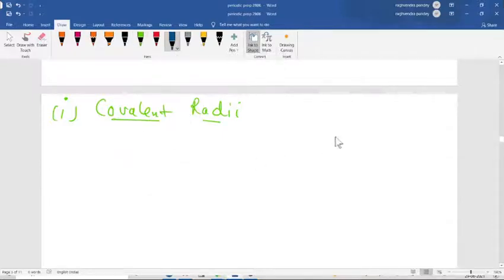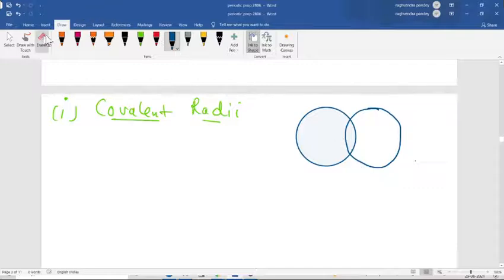Let's take two hydrogen atoms, this one and another. So these are the two hydrogen atoms.